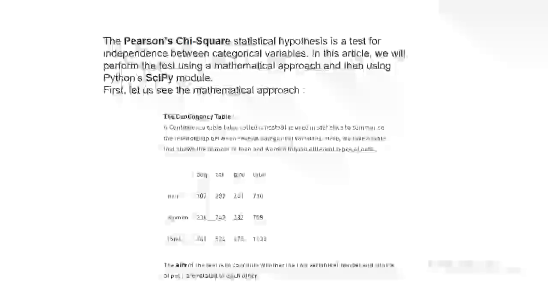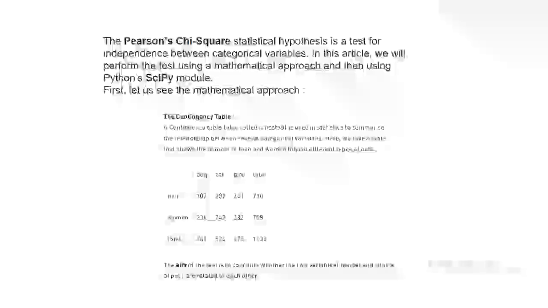That is the clue for when to apply chi-square. So when you have a data set and both variables are categorical, that gives you a clue that you have to apply the chi-square test. We will perform this test using this approach, so let's see.